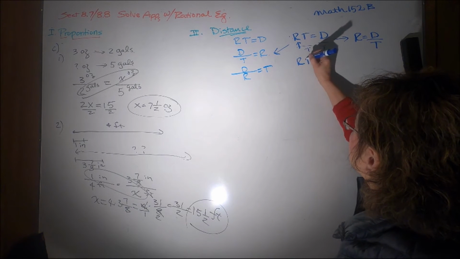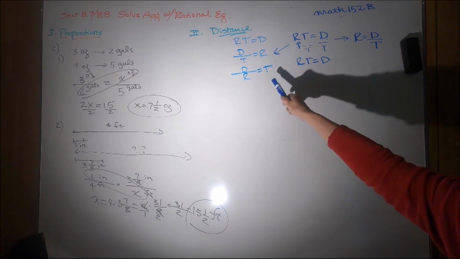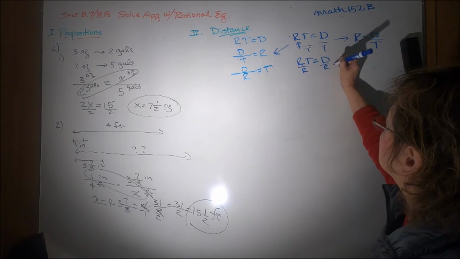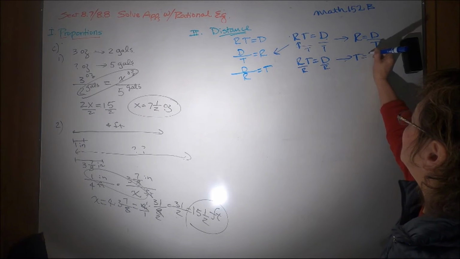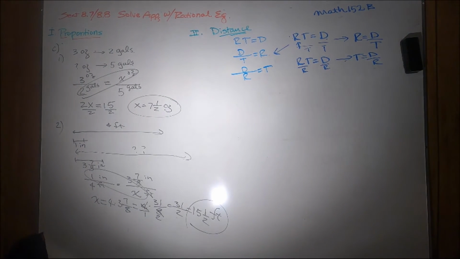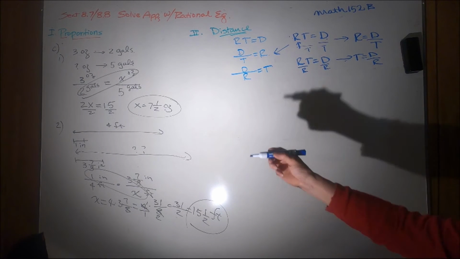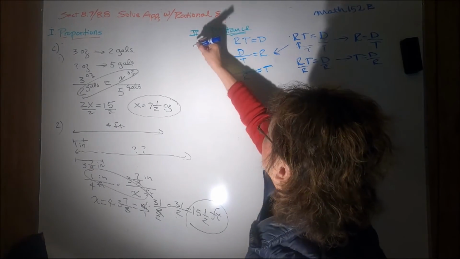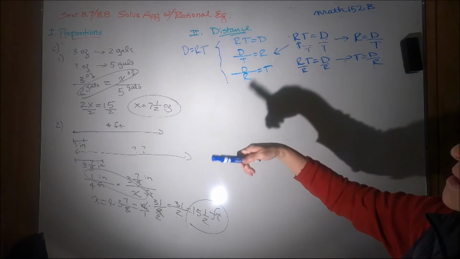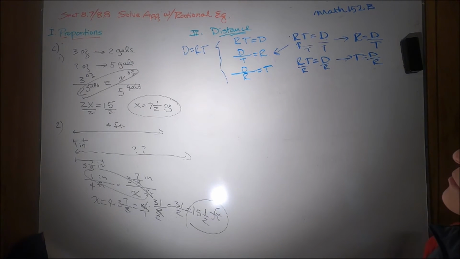So if RT is D, if I want to get T by itself, then I would divide it by R, then T would be what? D over R. That would be your formula, right? So we want to find it individually, so usually you would write a what? Distance equals R times T. So we call it the third formula, right?